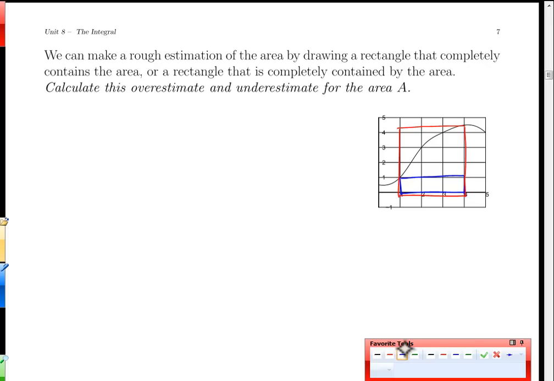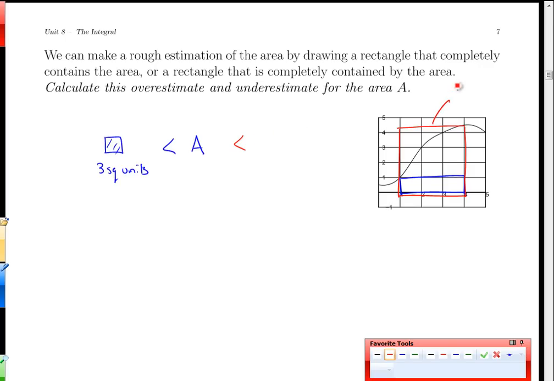So, what does that tell us? Well, this area here in blue, which is 3 square units, that's less than the area A, for sure, because I can see the graph of A is always higher than that, so there's definitely more area in A. However, I also have an upper limit here, and that's about 4.5 times 3.